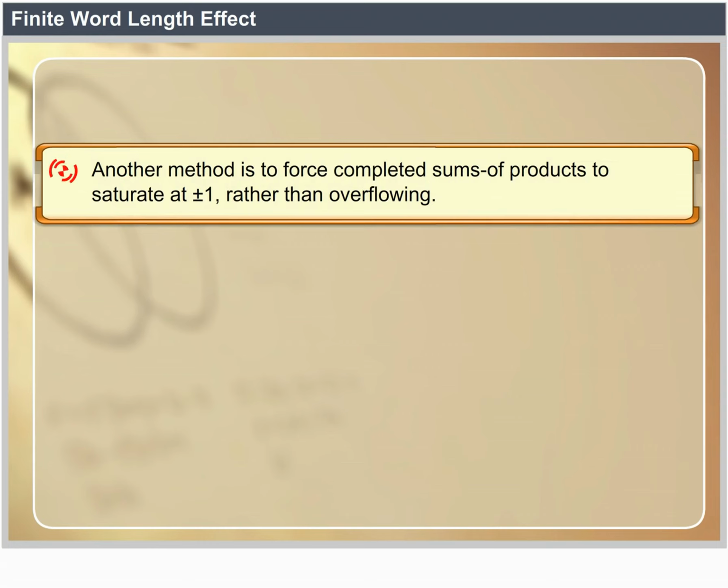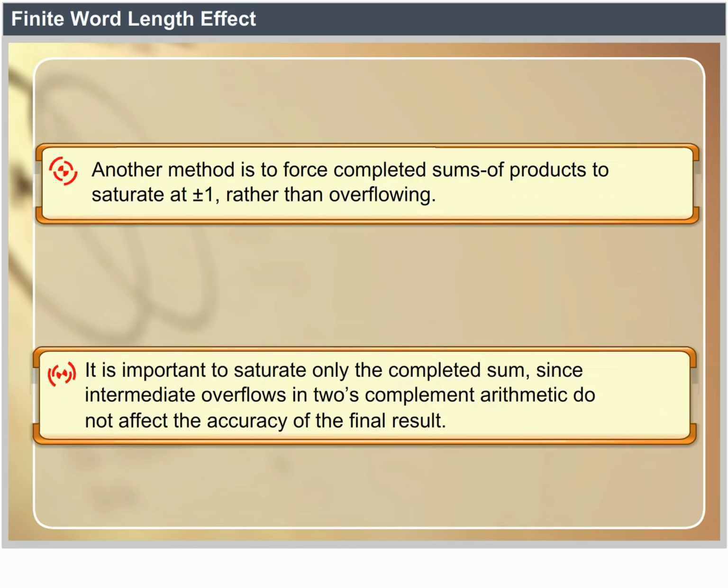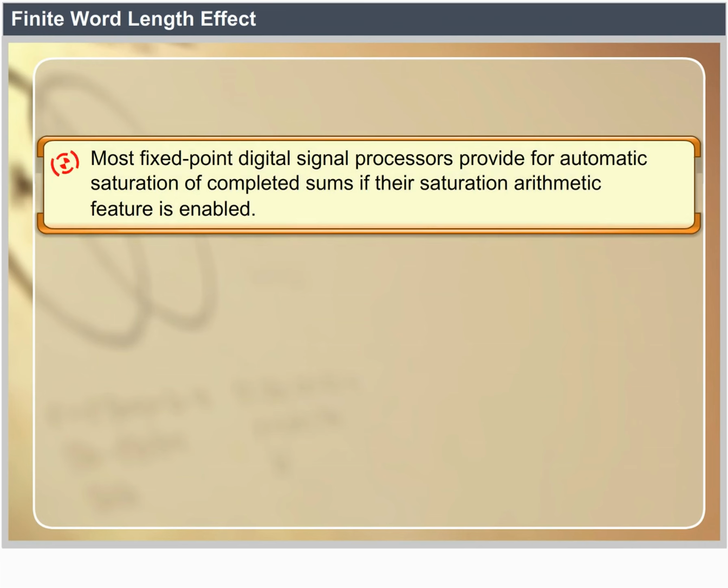It is important to saturate only the completed sum, since intermediate overflows in 2's complement arithmetic do not affect the accuracy of the final result. Most fixed point digital signal processors provide for automatic saturation of completed sums if their saturation arithmetic feature is enabled.